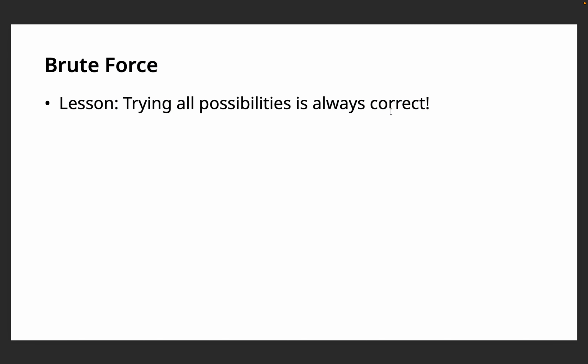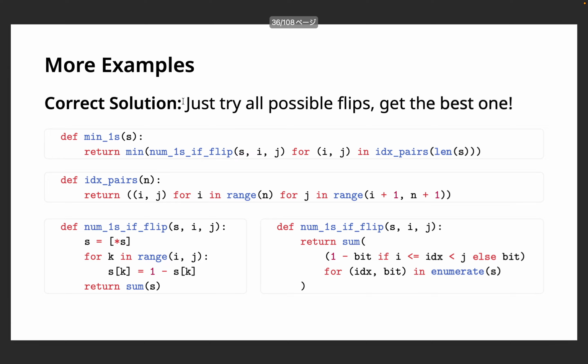No matter what test case you come up with, whatever input you give to the function, it's always going to give you the right output, assuming you implement the brute force correctly. And as you can see here, implementing that brute force solution is usually very straightforward. You literally just do what the problem asks you to do.